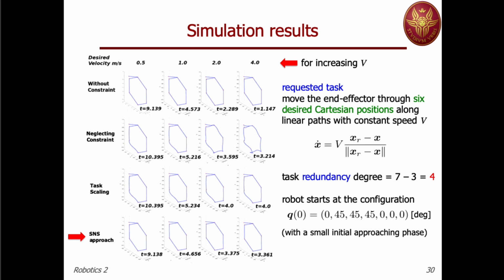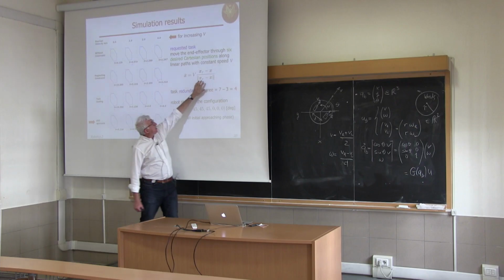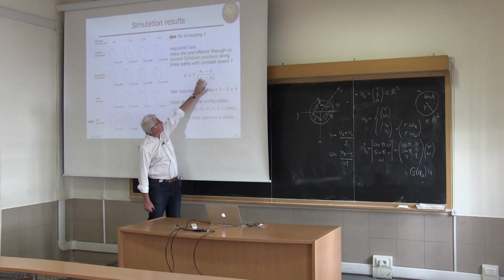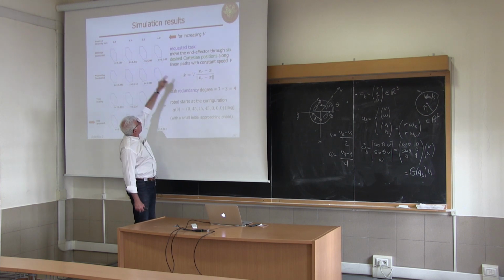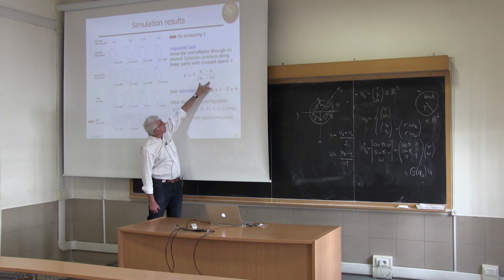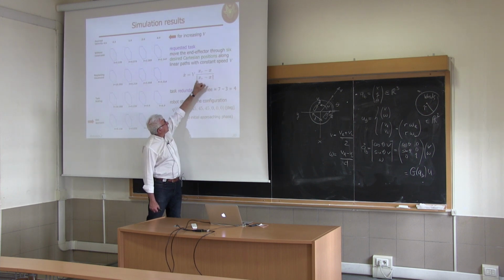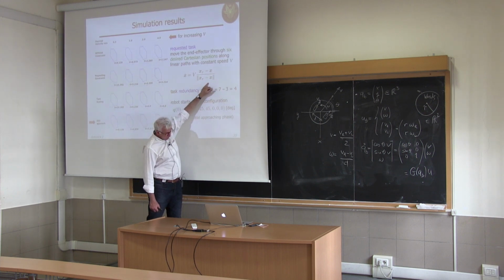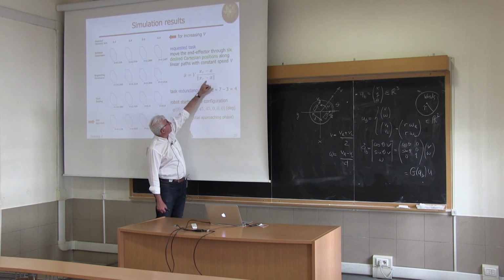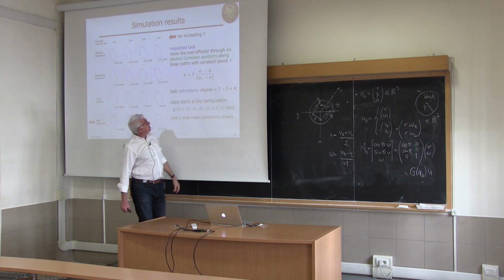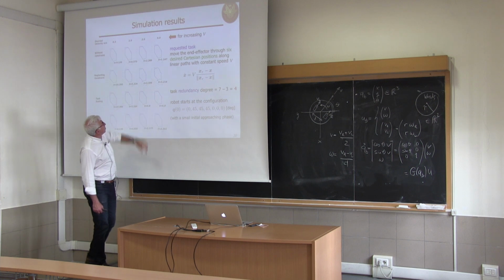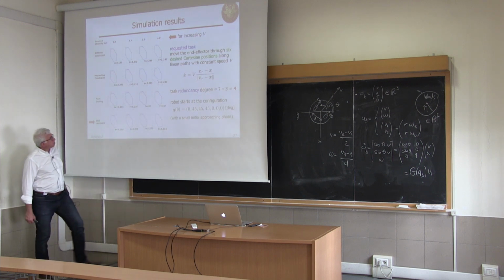When you move from one segment to the other, your commanded velocity has the direction between the current point and the end point of the segment in the hexagon, and this is a unit vector, just giving the directional cosine of the segment, and the speed is the v, which you are moving from 0.5 to 4.